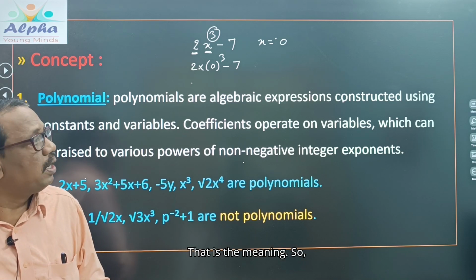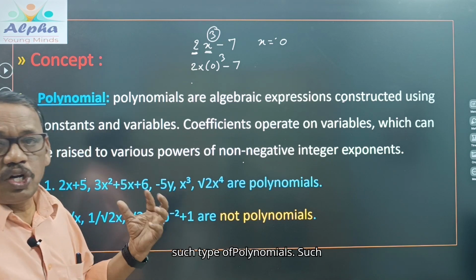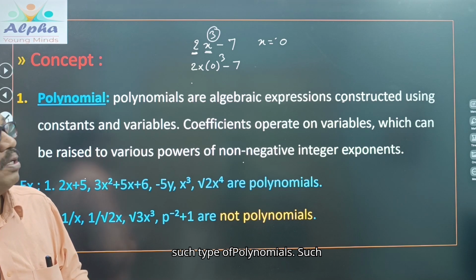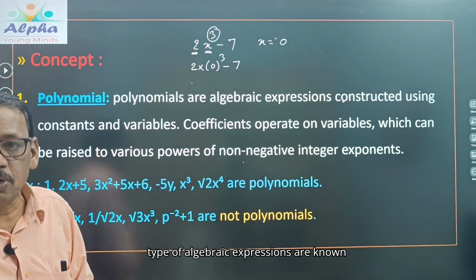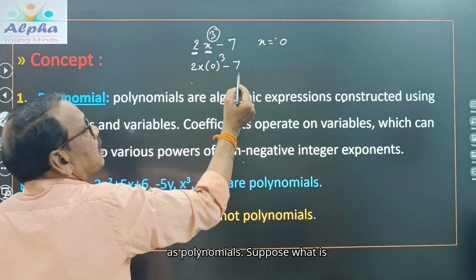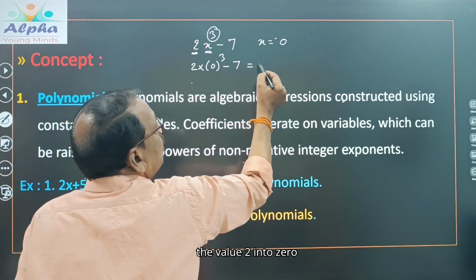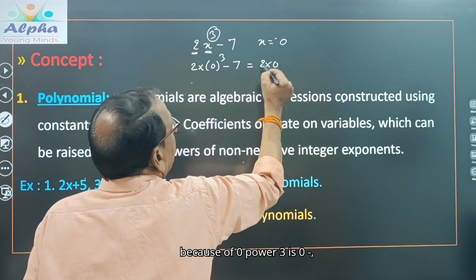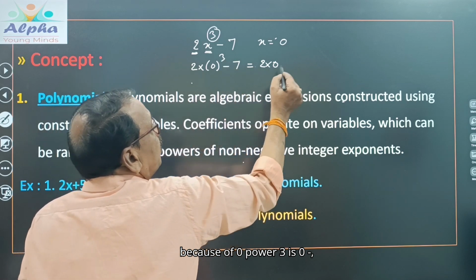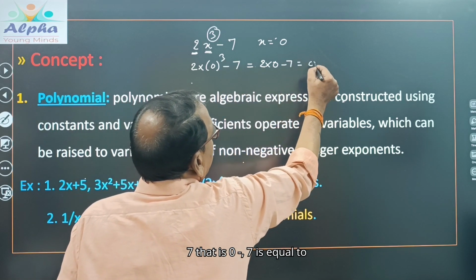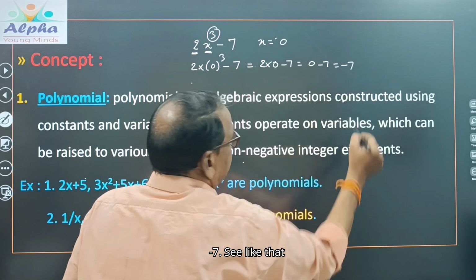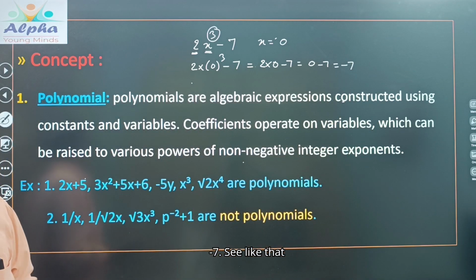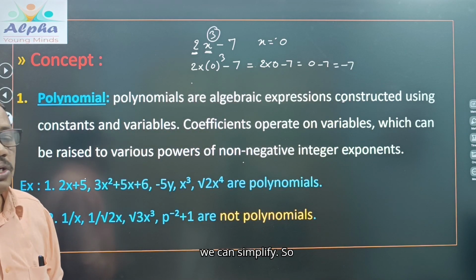That is the meaning. Such types of algebraic expressions are known as polynomials. Suppose, what is the value? 2 into 0, because 0 power 3 is 0, minus 7. That is 0 minus 7 is equal to minus 7. Like that we can simplify.